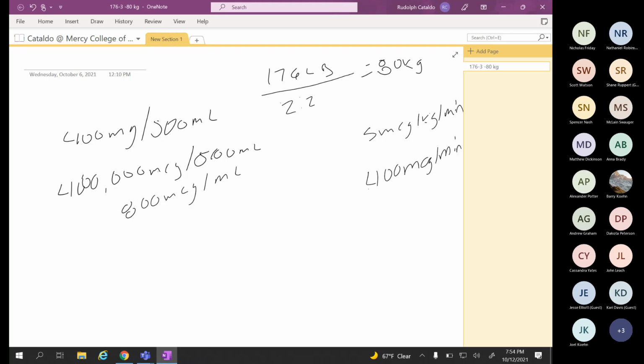Okay, so let's put that in our clock here. 800 is the concentration, so 800 is going to go at the top. We're using a 60 drop set, so 60 would go there.